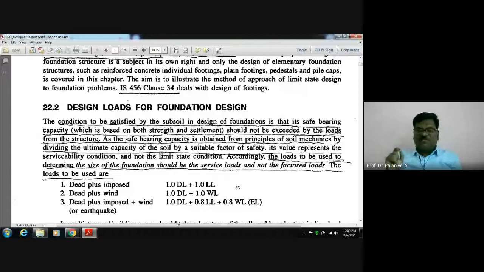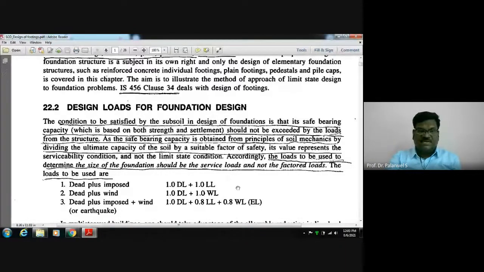Remember, further design of the footing you will do by the limit state approach, and there you have to take factored loads. But to determine the size of footing, the load is divided by the bearing capacity, which represents the serviceability condition, so you take only the service loads.